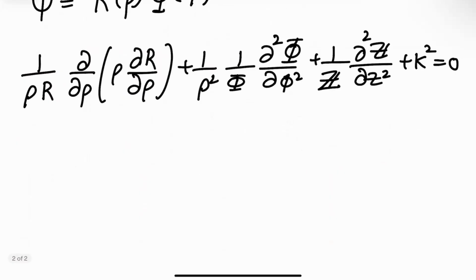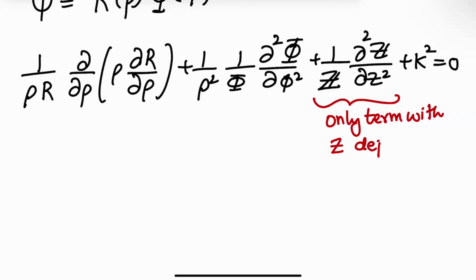Now in this equation, this is the only term that has z dependence. These terms are constant with respect to z, which means that if you change z, this must also be constant with respect to z. Since these don't change, this should also not change, so this should also be a constant.